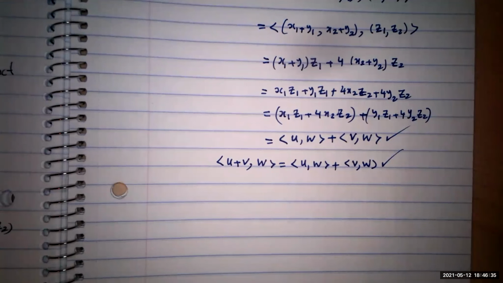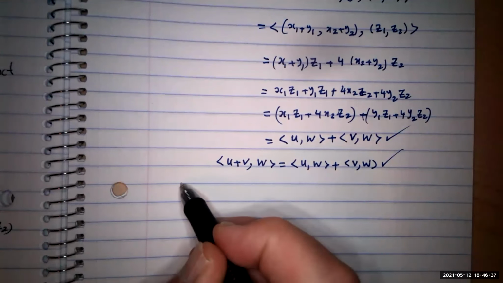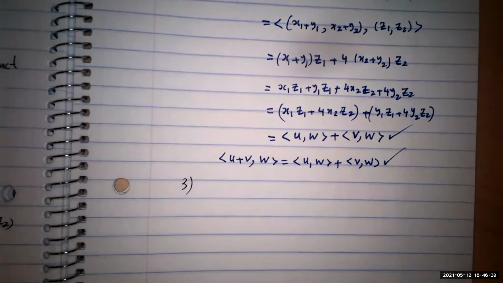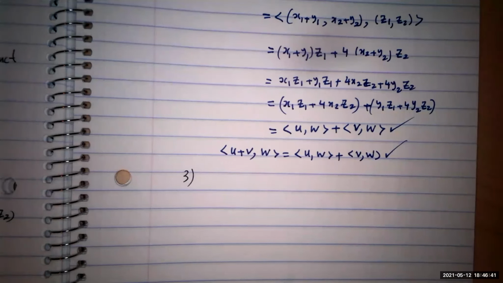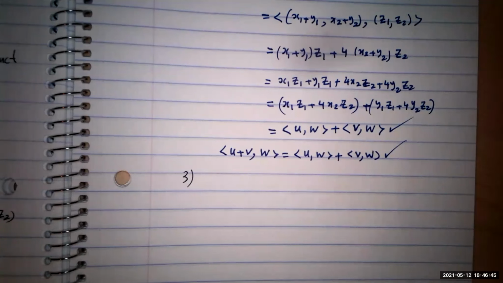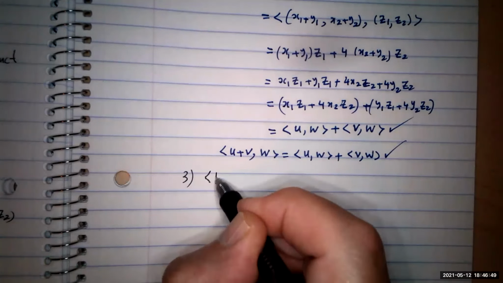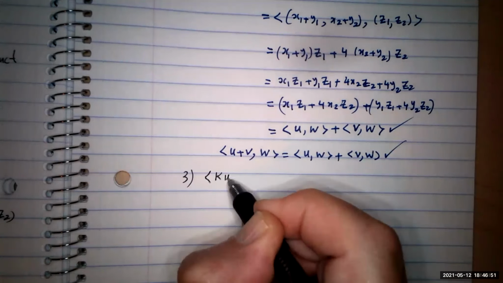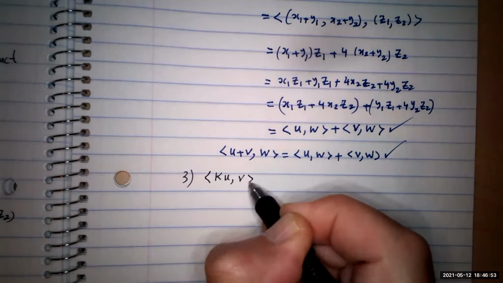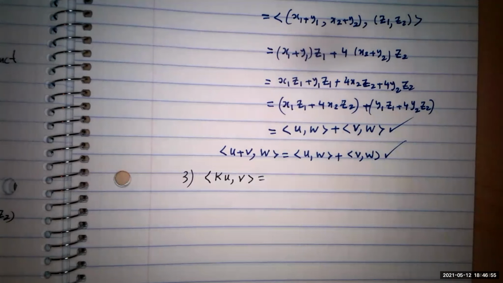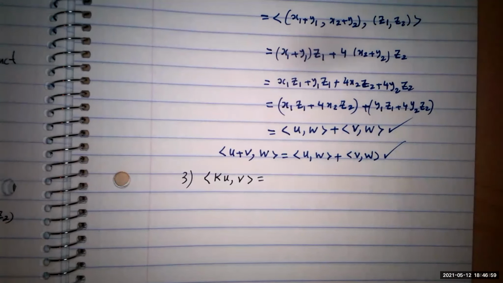Now we have to check the third condition. The third condition is easy, a scalar one. You check k u comma v, and you want to prove that this is k times the inner product of u and v. We have to go with the definition that we have.